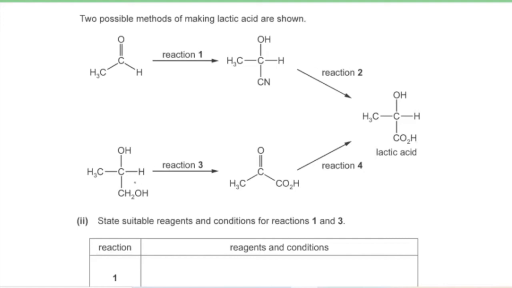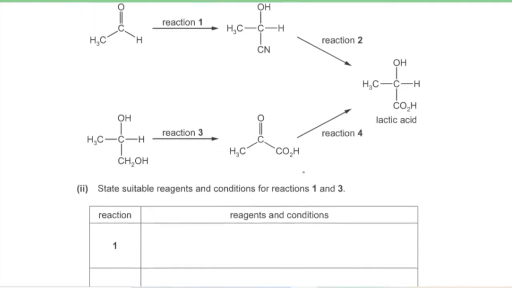Reaction 3 is oxidation with acidified chromate ion, where the secondary alcohol changes to ketone group and this primary alcohol changes to carboxylic acid group. And at last, reaction 4 is reduction of just ketone, not COOH group, which means that NaBH4 was used as a reducing agent rather than LiAlH4.